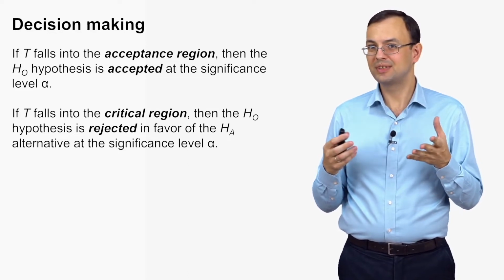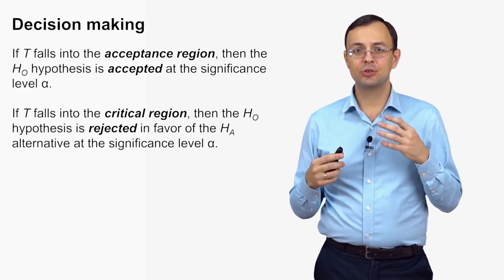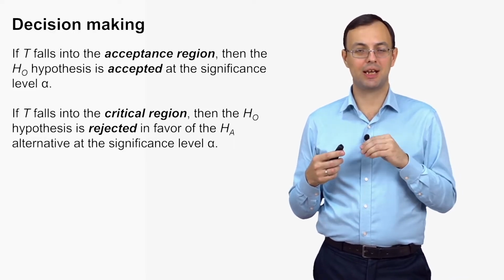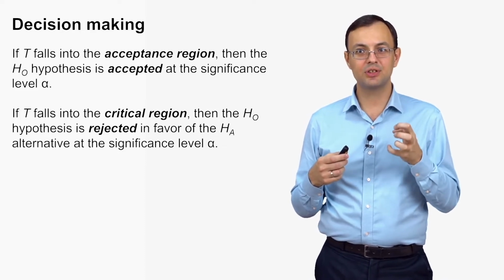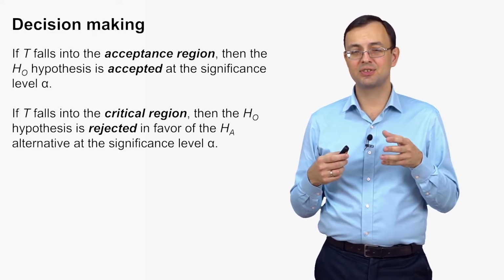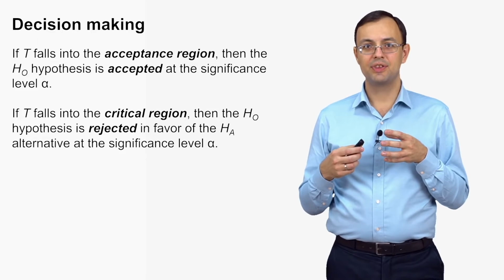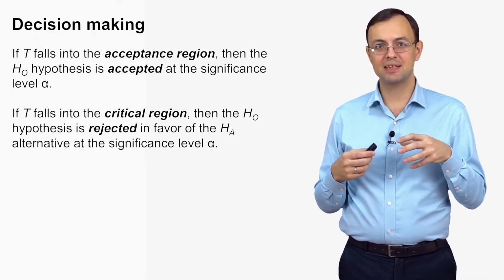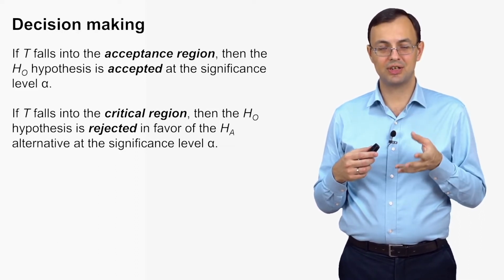Here, it seems that we are confusing. But actually, we are not confusing when we reject the null hypothesis. If T falls into the critical region, then this means that we don't believe that T follows the law distribution, and this means that the necessary condition is not met, and so it's better to reject the null hypothesis.